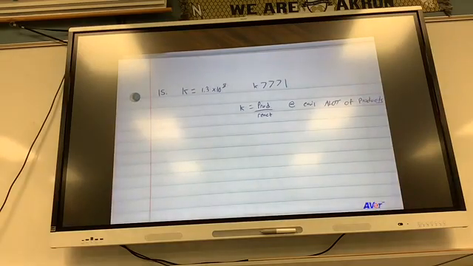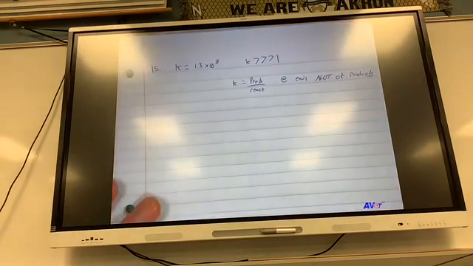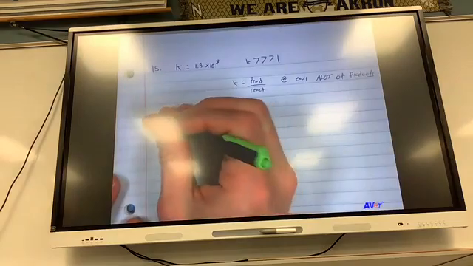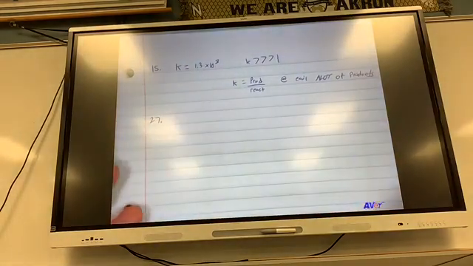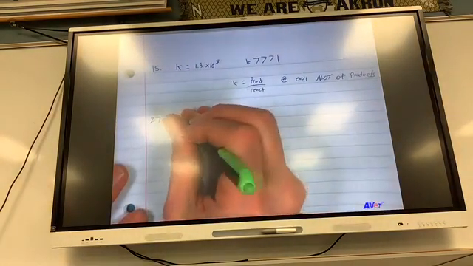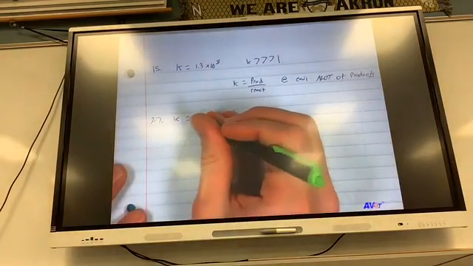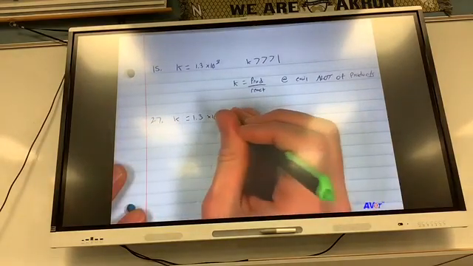Moving on to 27. At a given temperature, K is 1.3 times 10 to the negative second for the reaction. So, on 27, I have K equals 1.3 times 10 to the negative second.